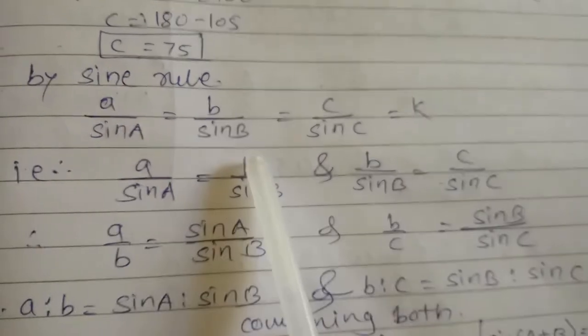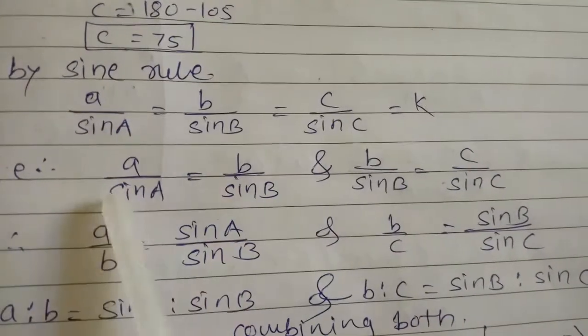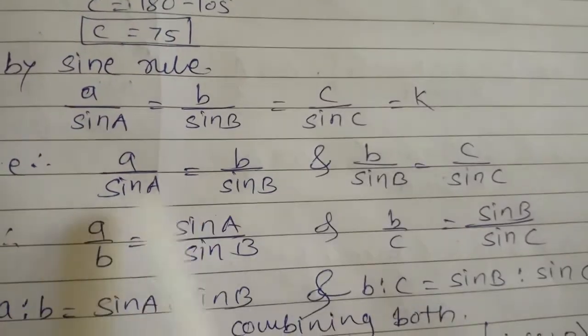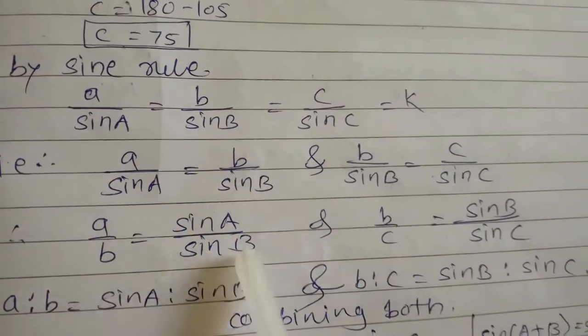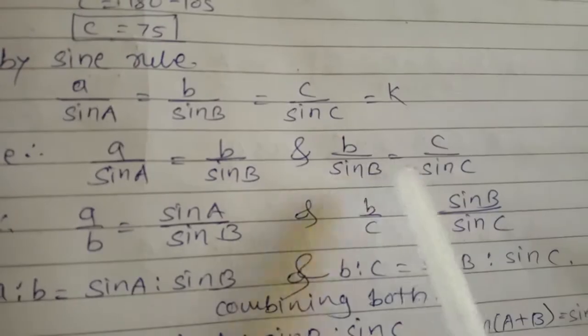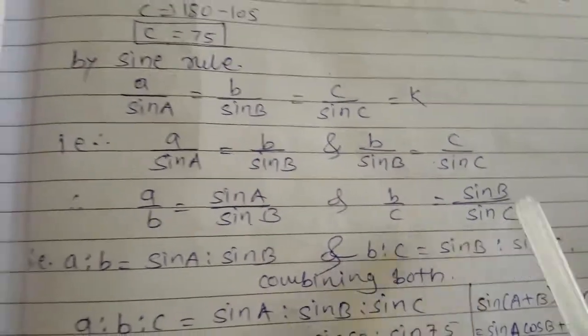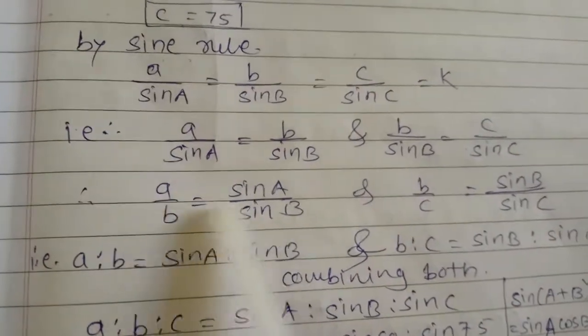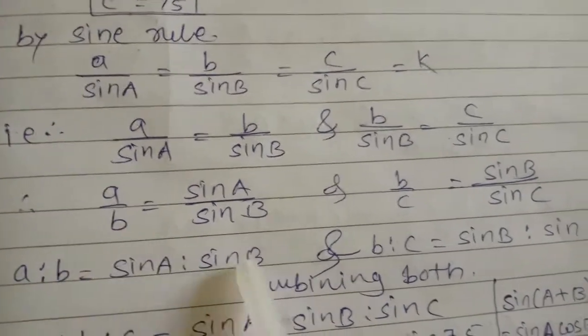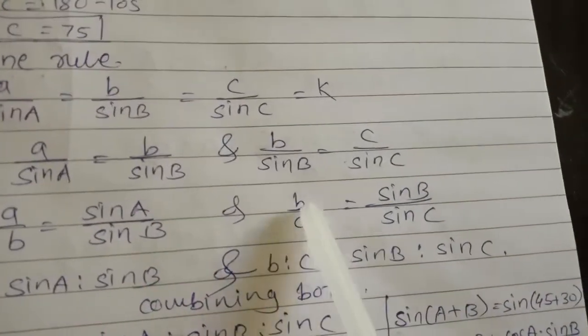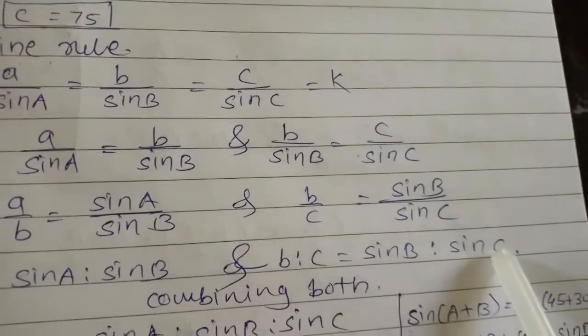In 9th standard we learned about the properties of equal ratios, that is alternando. So a upon b is equal to sin A upon sin B. Similarly, b upon c is equal to sin B upon sin C. Now we write this in the form of ratios: a is to b is equal to sin A is to sin B, and similarly b is to c is equal to sin B is to sin C.